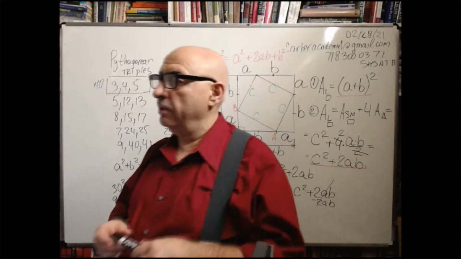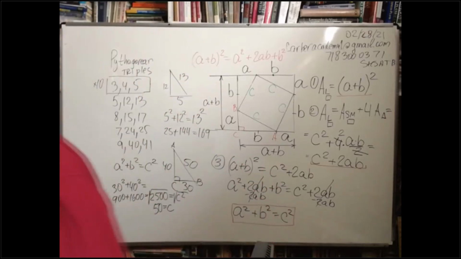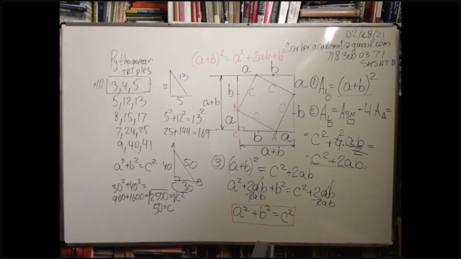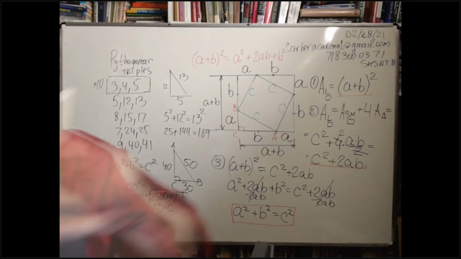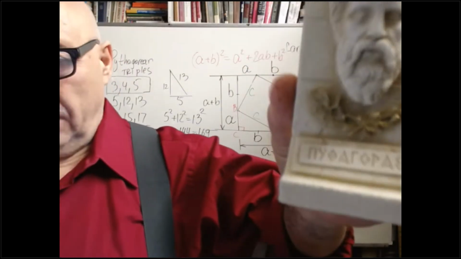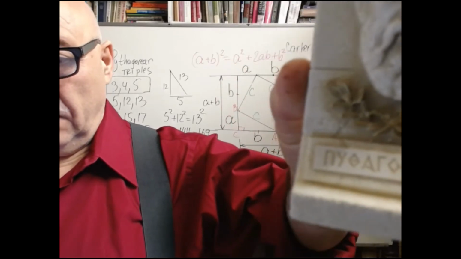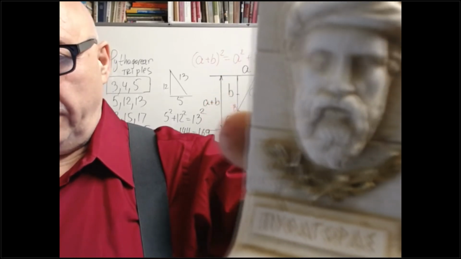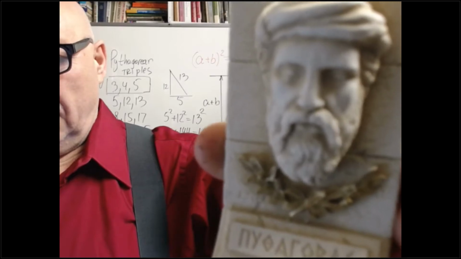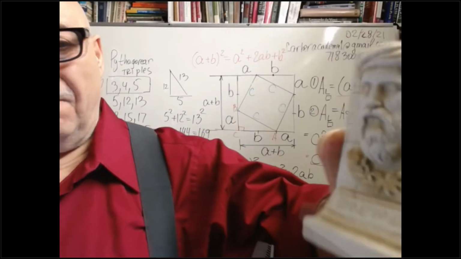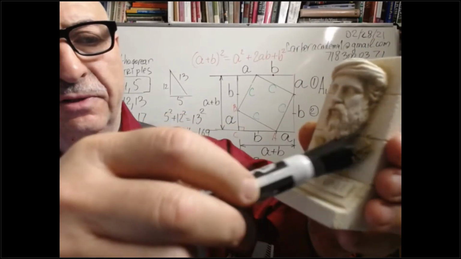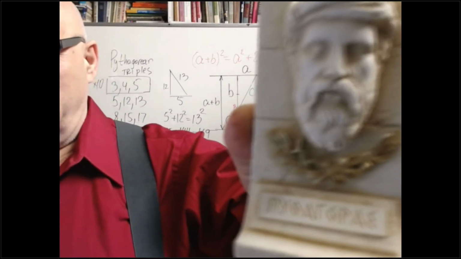Okay, I'll show you how he looked. Let me show him. Okay, here it is, how he looked. Pythagoras. You see Pythagoras? Yes. And he got an Olympic award for boxing as well.